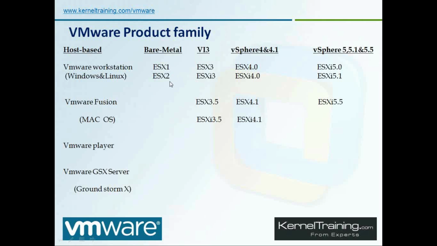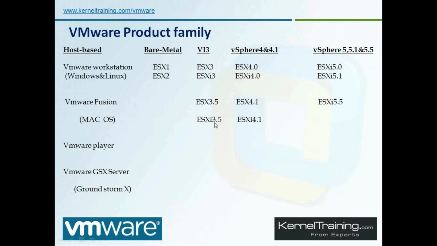Up to ESX 1 and 2 we have only the ESX version. After ESX 2 we have ESX and ESXi. ESX and ESXi 3.5 and 3 we call VI3, which is nothing but the VMware Infrastructure 3 product.